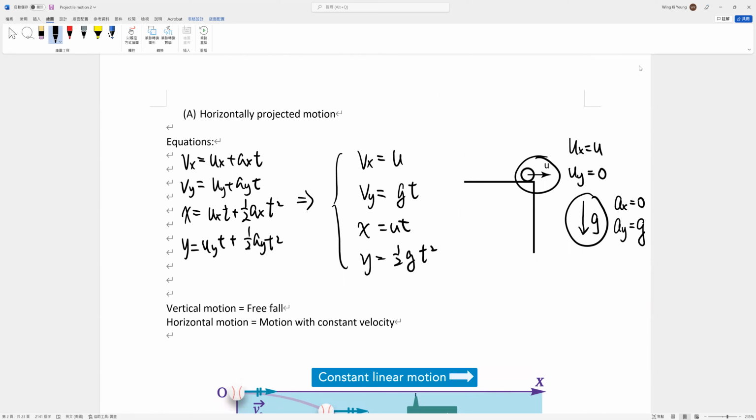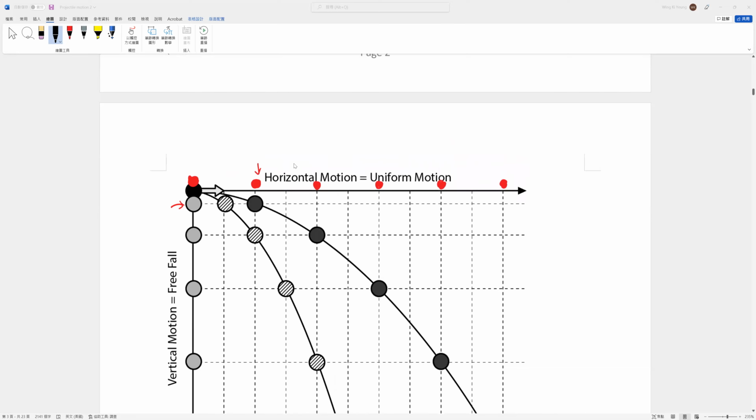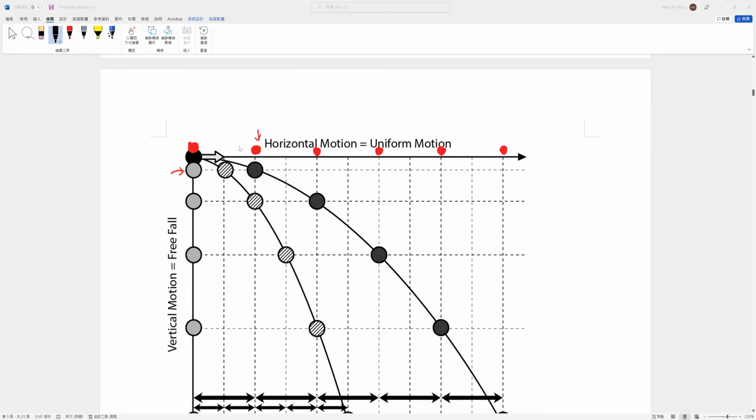We substitute the initial velocity and also the acceleration into the formula, and then we get these 4. Actually, these 4 equations explain why this diagram looks like this. The horizontal velocity does not change, so it always travels the same horizontal distance at equal time intervals.